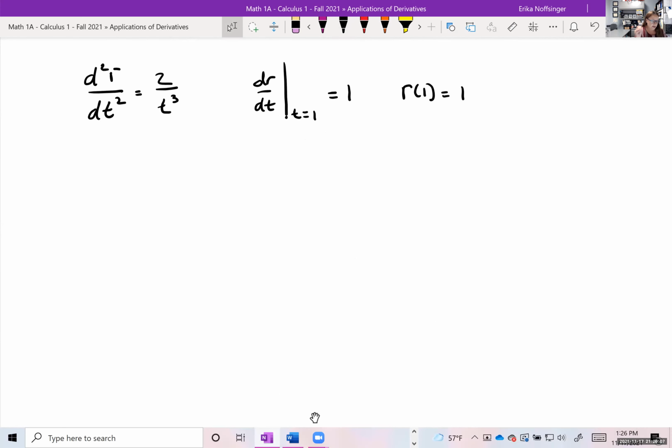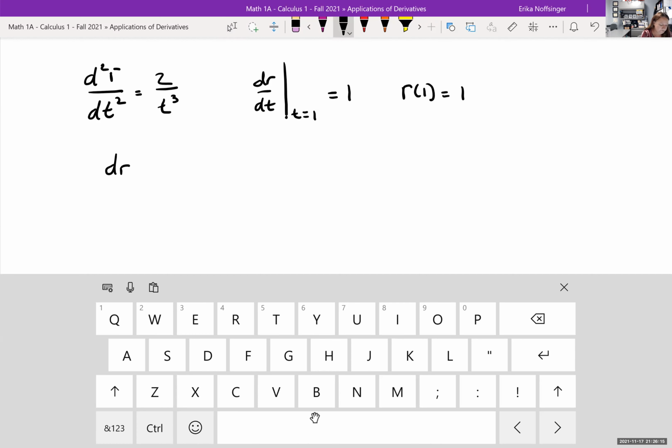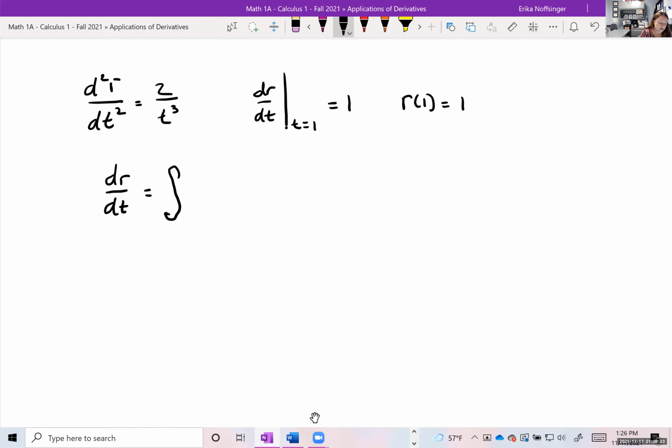Okay, so we're given the second derivative. So we can figure out what dr dt is, the first derivative, if we take the integral of the second derivative, 2 over t cubed. So dr dt is equal to, let's rewrite it, the integral of 2t to the negative third power dt.